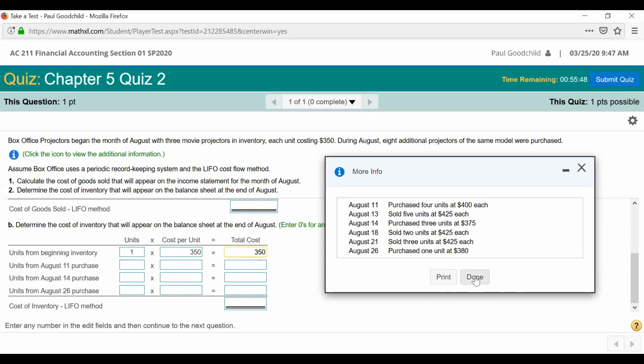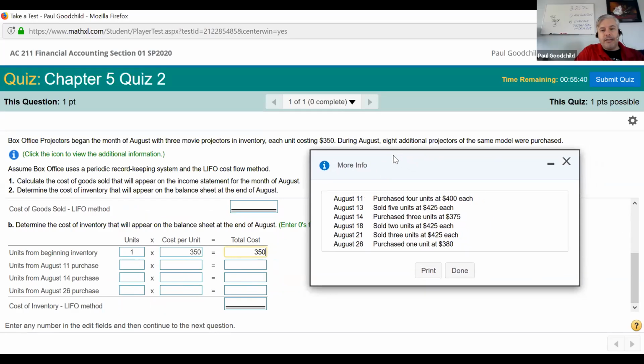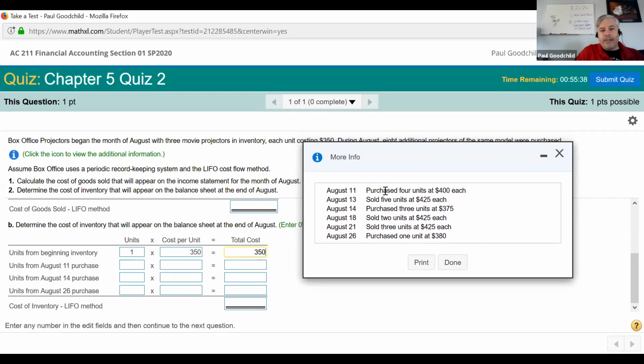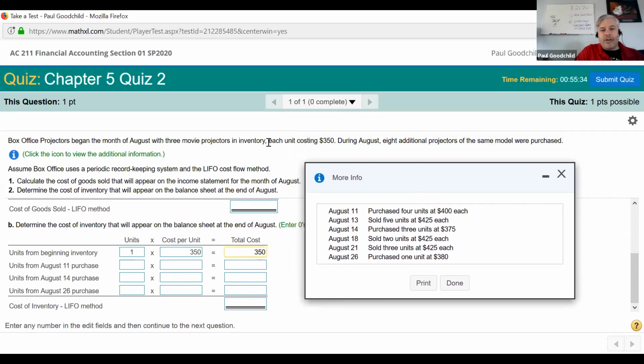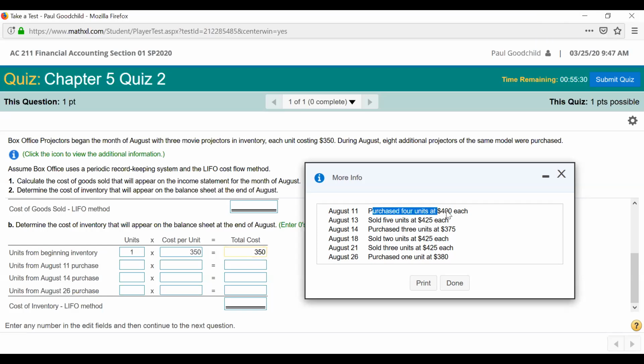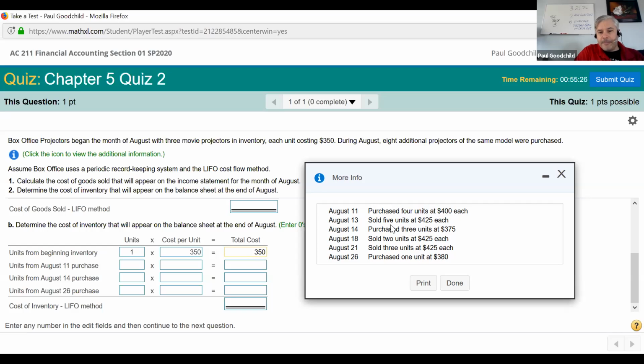Thank you. You're welcome. Where does it say you purchased 10? Can you guys see the little box? Yeah. Okay, so it doesn't say 10. It says you started with 3 and purchased 8. Oh, okay. So it says purchased 4 units at 400 on August 11th, and then purchased 3 units at 375 on the 14th.